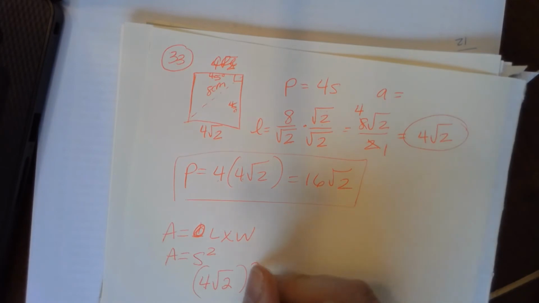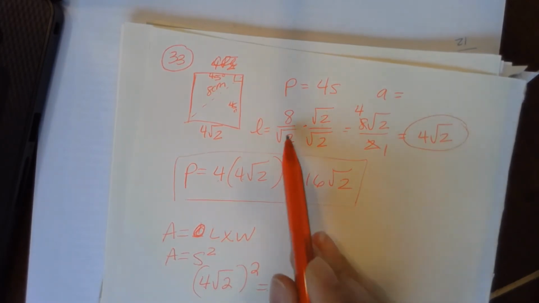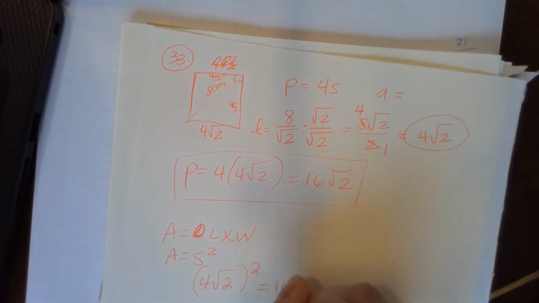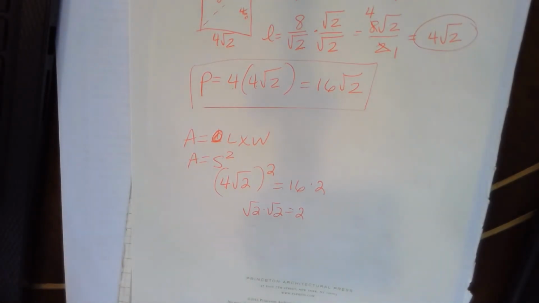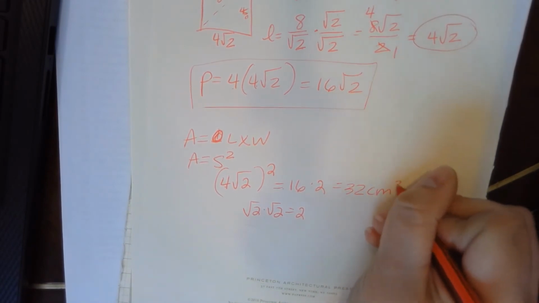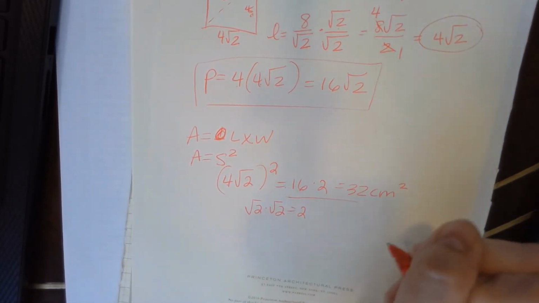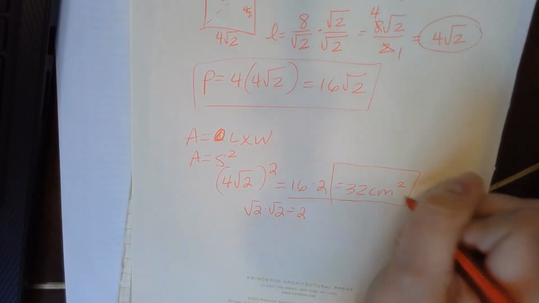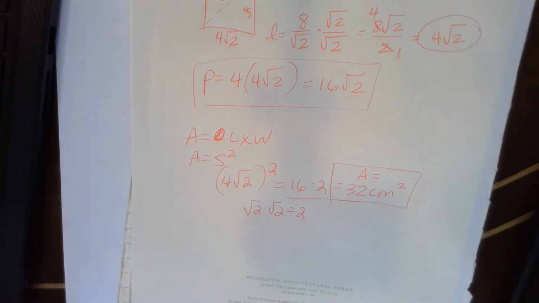Okay. And then this would be the square root of 2 squared times the square root of 2 squared. Remember up here, we said that that would equal a 2. So I'm going to take 16 and multiply it by 2. Make sure you can see that. And that equals 32. And then we're going to label it centimeters squared. Okay. So you might just say like area equals, okay, 33 is complete.